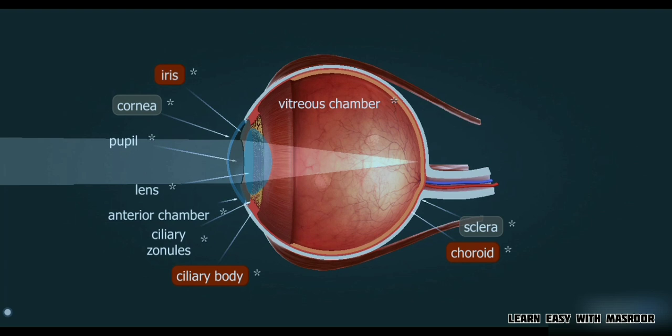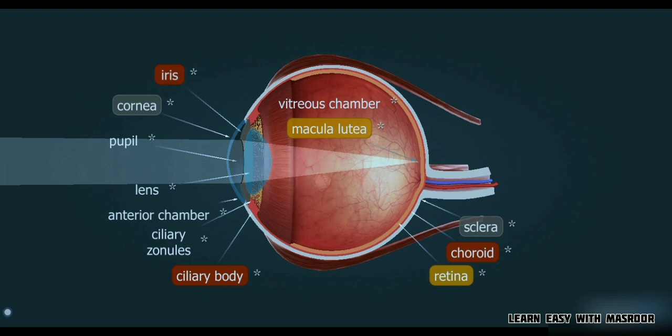The innermost layer is the retina. This is where an inverted miniature image is formed of the object viewed. This is created by the lens. Its receptors are called rod cells and cone cells. The area of the retina responsible for visual acuity is called the macula lutea.